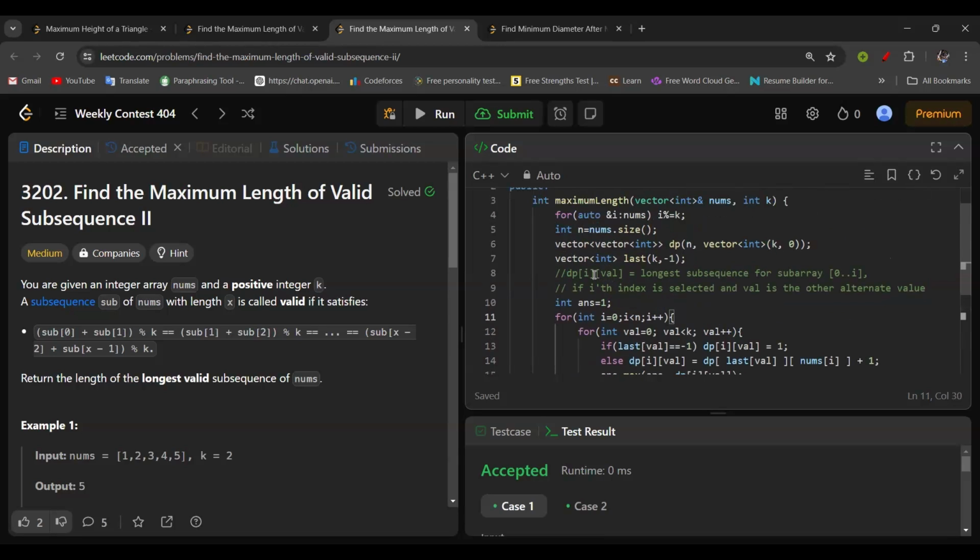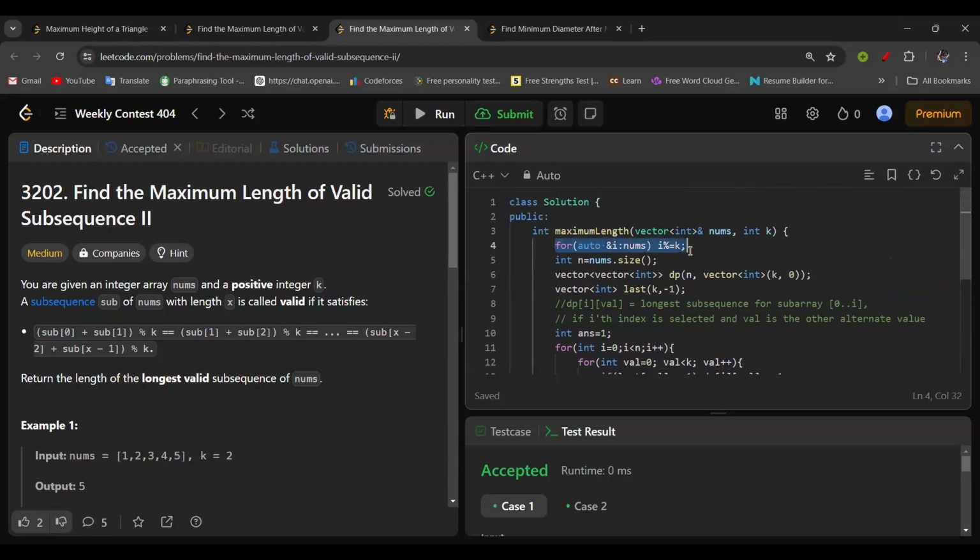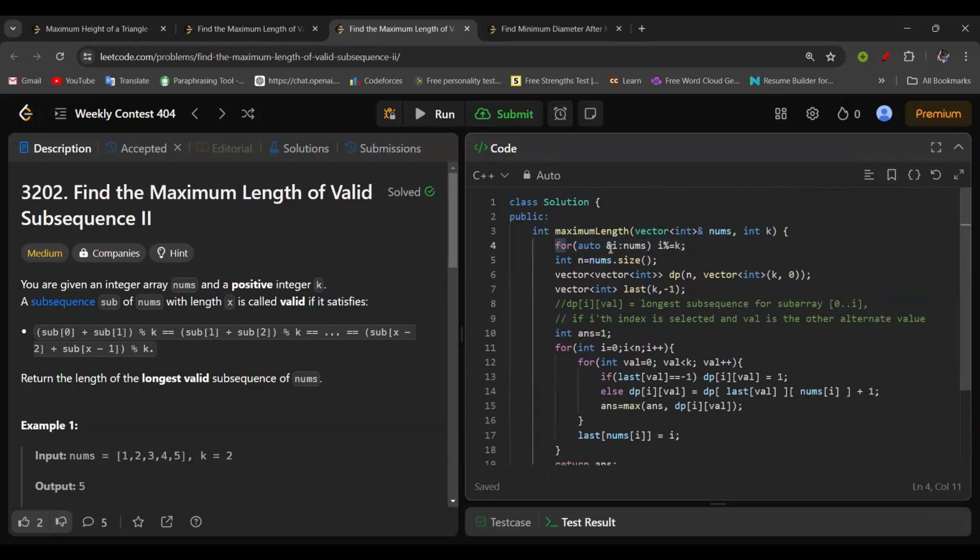The first thing I did, as I explained, was go to all the indexes of nums, all the values that I had in my array nums, and do a mod k. So I reduced all the values to below k by doing the mod k.